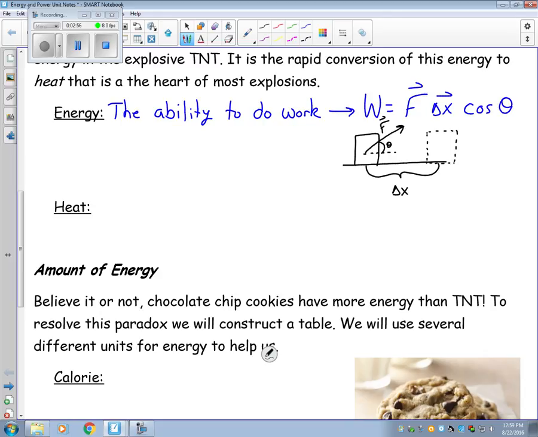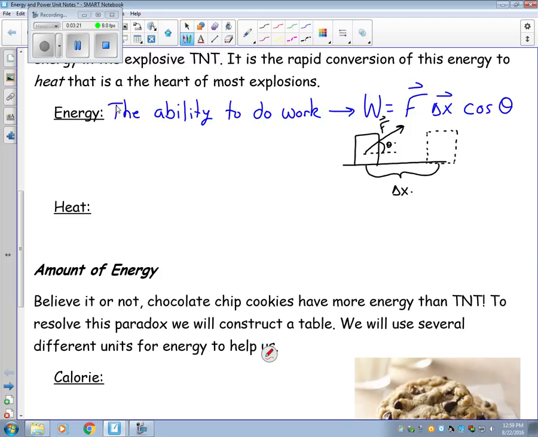It would take energy to move that box. And if I were to take these three things, this force, this displacement, and this angle, and put them into this formula, that would calculate for me how much energy it took to move that box. Notice that if theta, if that angle equals 0, cosine of 0 equals 1, so it would just be force times the displacement.